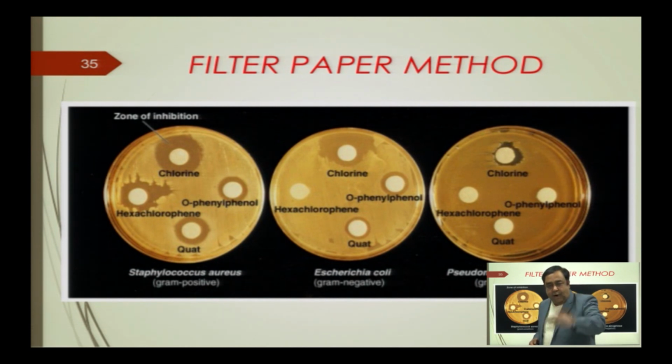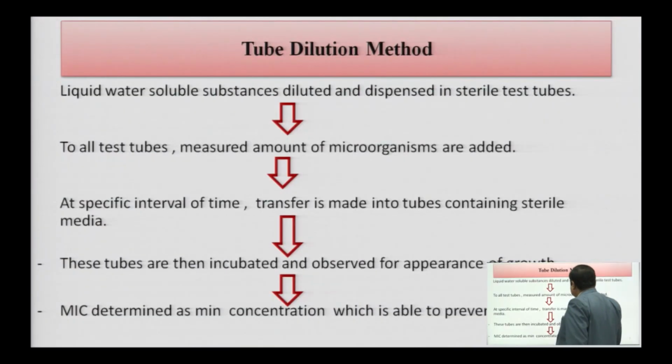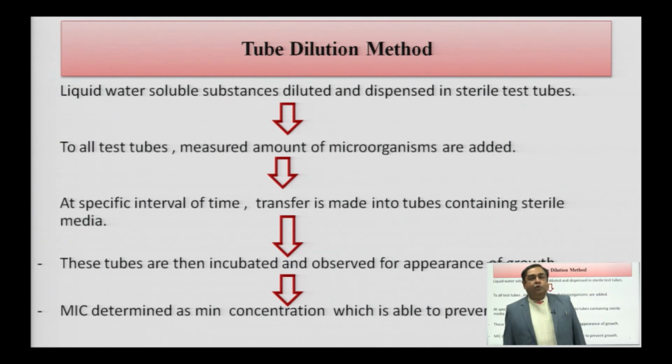As we increase the concentration, it will come to a particular concentration at which it will show the killing capacity, that is, bactericidal effect. The concentration at which the bactericidal effect just begins to appear we call minimum bactericidal concentration.